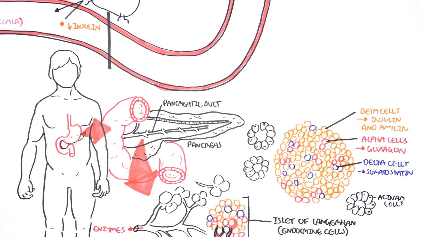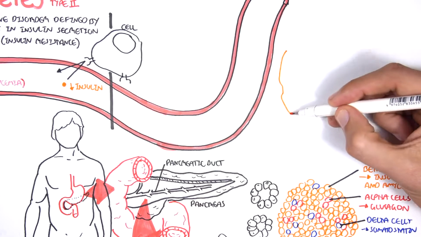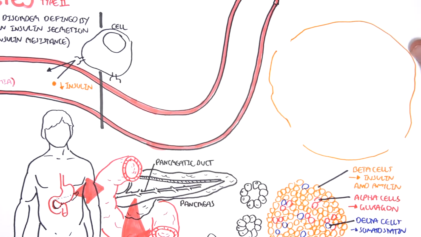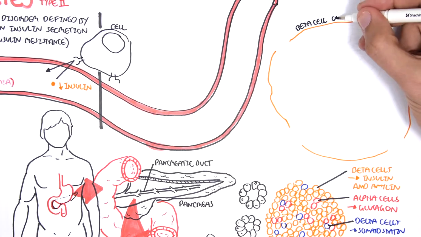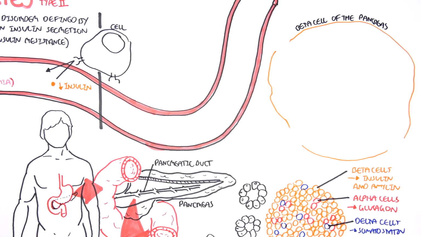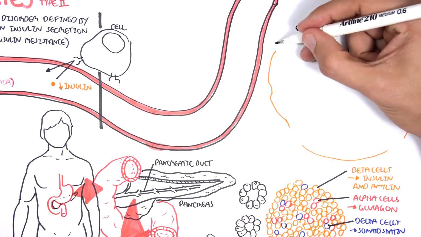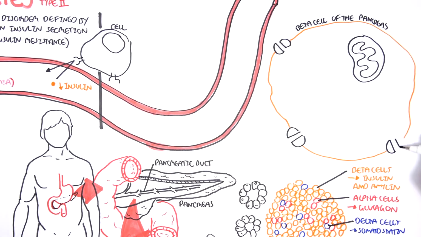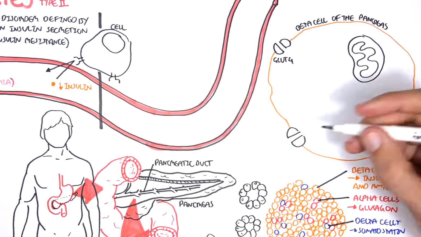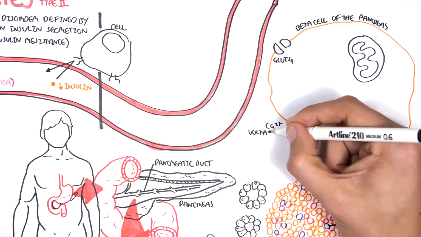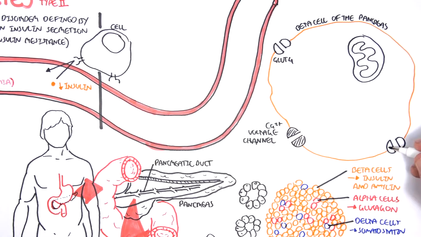Now let us learn a bit more about how and when beta cells release insulin into the blood. So here I am drawing a beta cell of the pancreas. The cell contains mitochondria, and on the cell membrane we find many channels, including GLUT2, not GLUT4, a calcium voltage-gated channel, and a potassium passive channel.